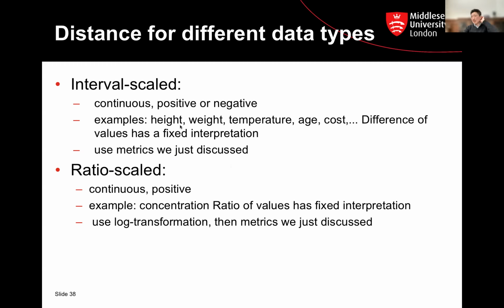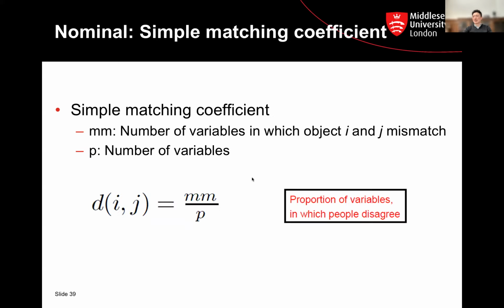If you talk about the height of a person or a thing, usually it can't be negative, it has to be positive or 0, but it's continuous, it can be anything between 0 and a very, very large number. Okay, and you can measure it using the metrics we discussed.